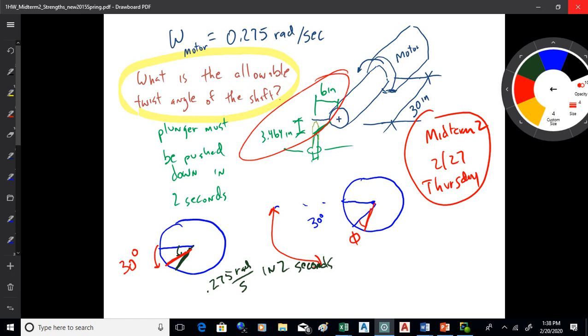So if the back of the shaft turns a certain amount, but the front of the shaft only has to turn 30 degrees, that means that the shaft itself can wrap a little bit, okay? Because the back of the shaft is turning more than 30 degrees if you look at it. It's more. So if the front only has to turn 30, you can have that shaft twist a little bit. Not a lot, but a little bit.